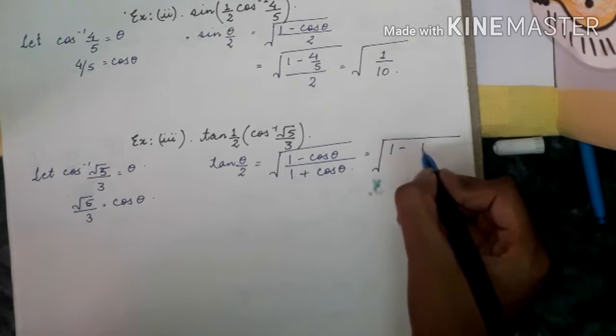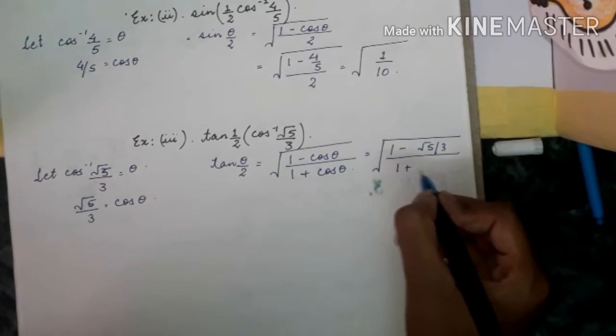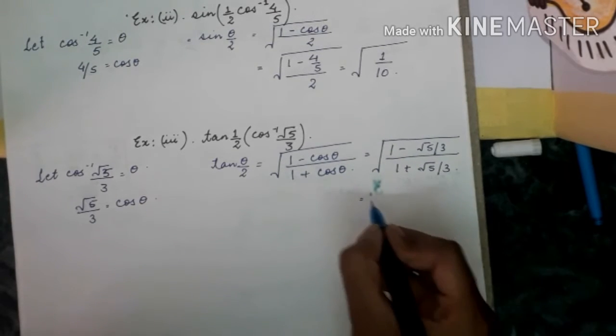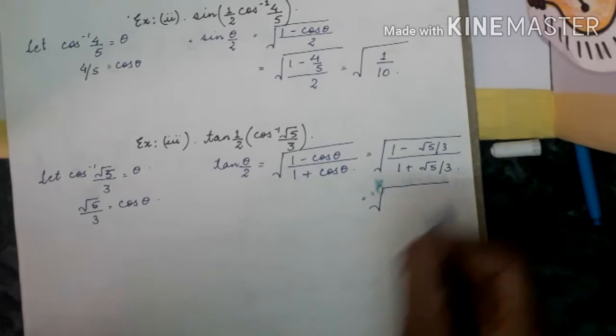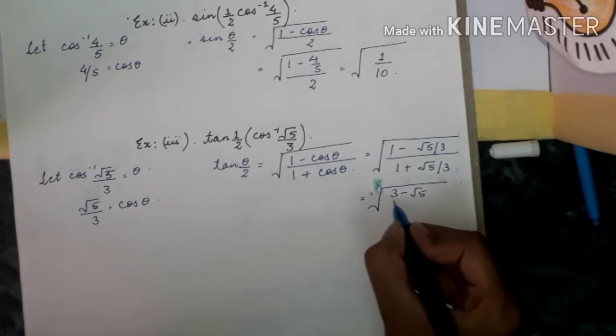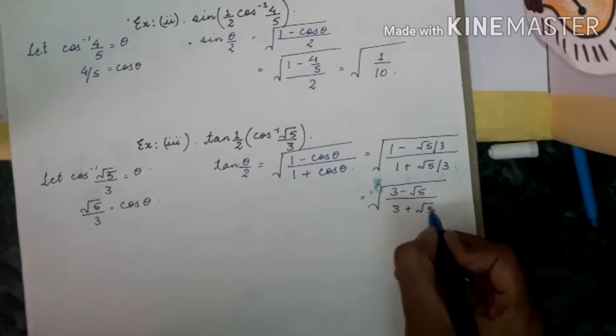One minus under root 5 by 3 upon 1 plus under root 5 by 3. Now this is 3 minus under root 5 upon 3 plus under root 5.